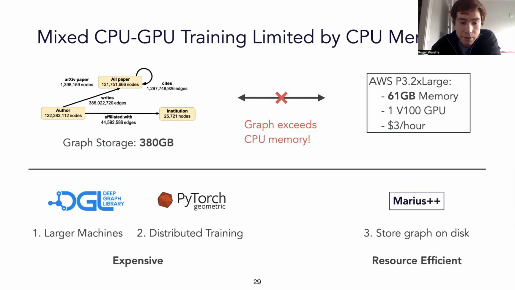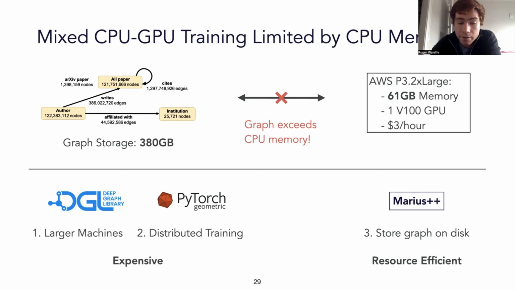Now, as we mentioned earlier, there are two options for dealing with this situation in existing systems. First, we could simply scale up to a larger machine, which does have enough CPU memory to store the graph. Or we could scale out to a bunch of machines which together have a large CPU memory capacity, and then run some sort of distributed training process. But both of these options are expensive and require a lot of resources.